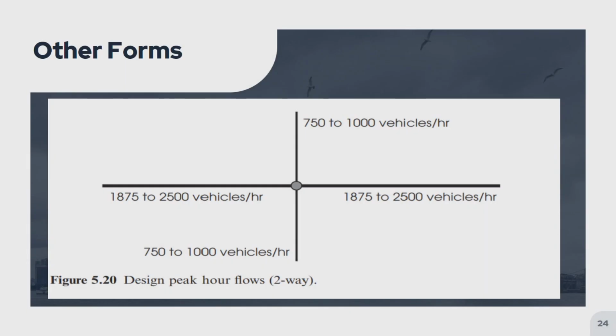So in order to get the design peak hour, the AAHT of the major and minor lanes are multiplied by 3. And the result is 1,875 to 2,500 vehicles per hour in the major lane and 750 to 1,000 vehicles per hour in the minor lane.